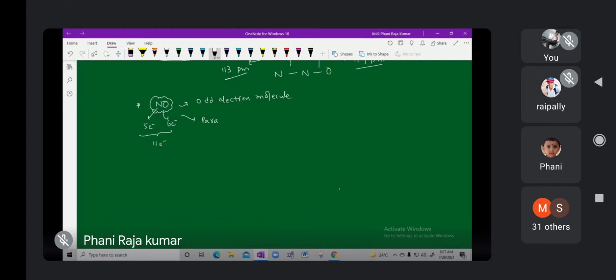It is a paramagnetic gas, an odd electron molecule, and this NO is a colorless gas. And in this NO, nitrogen, oxygen, so total 11 electrons we have to accommodate. 2 electrons, 2 electrons.